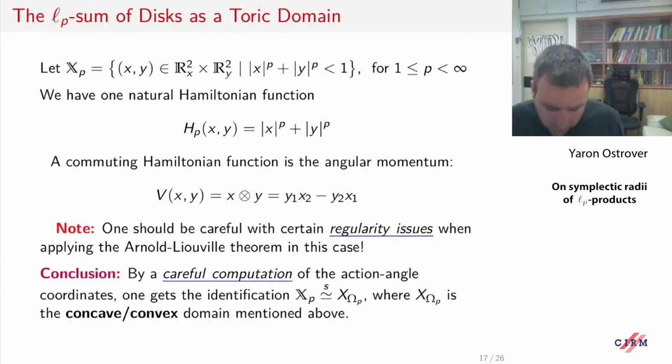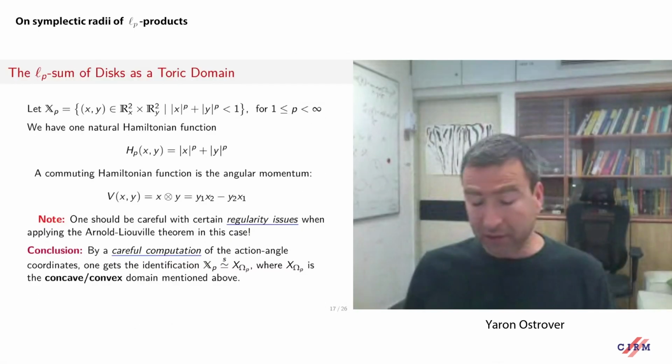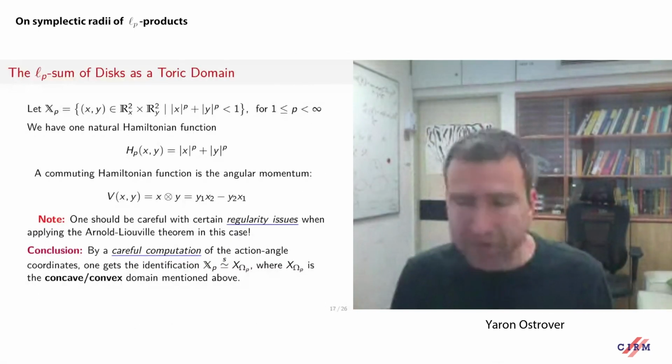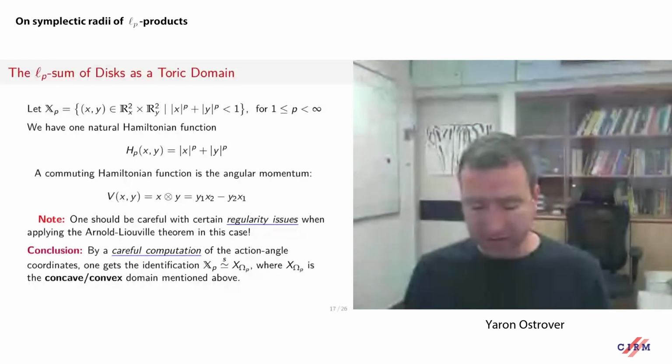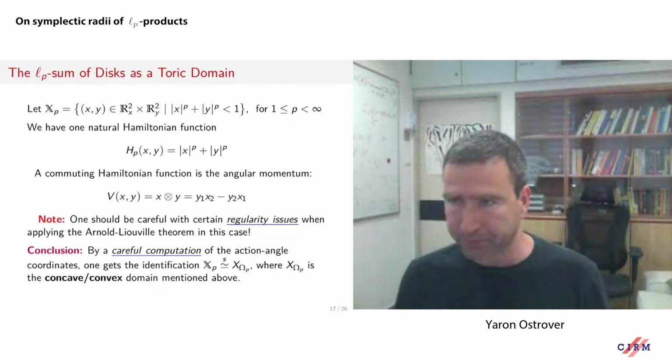Okay, and you have to do the computations very carefully, so that you choose the right symplectic coordinates to look at this Hamiltonian dynamical system. But this is roughly where we get the toric image, and then we use the technology that I mentioned before to tackle the questions of symplectic embeddings.